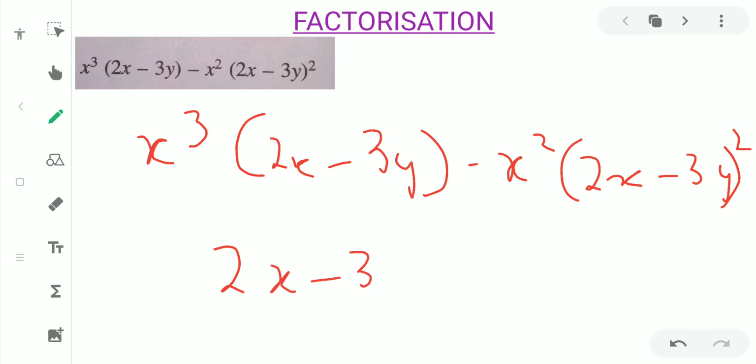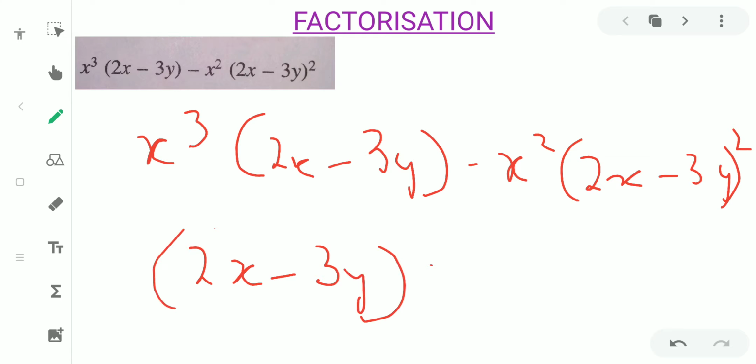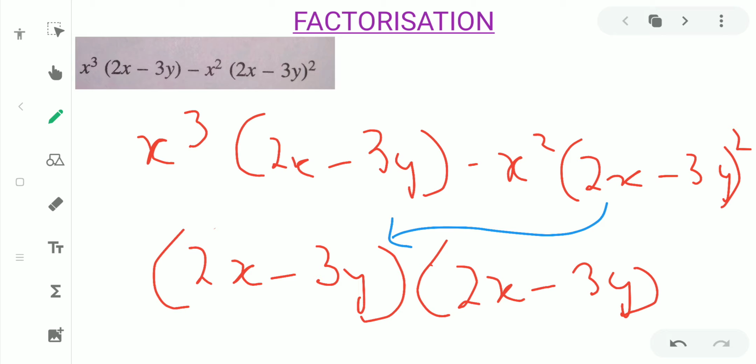2x minus 3y whole square is nothing but 2x minus 3y into 2x minus 3y.